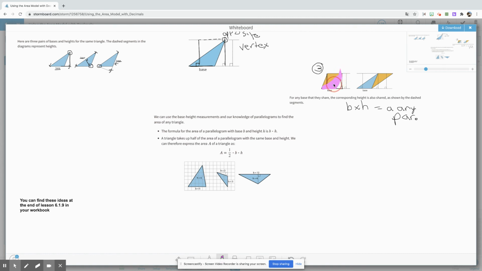And so the base and the height can help us find this area, because if I have the base and height of a parallelogram, and a triangle is always half of a parallelogram, then, drum roll please, we can use those base and heights to find the area of a triangle, because it's going to be half of the base times the height.